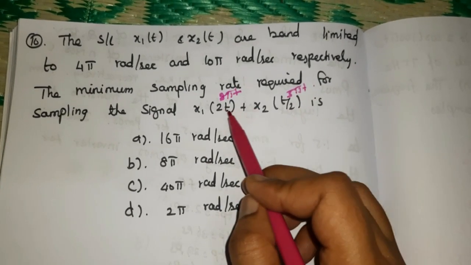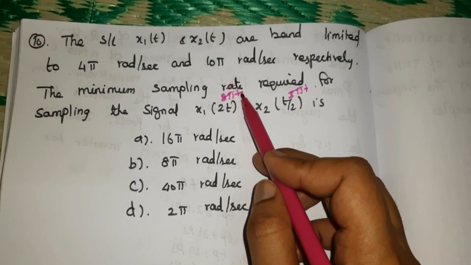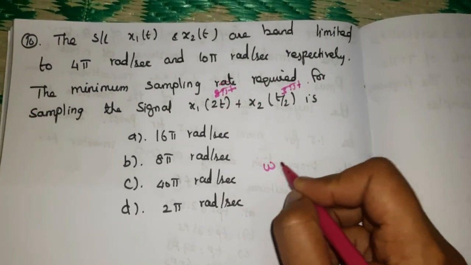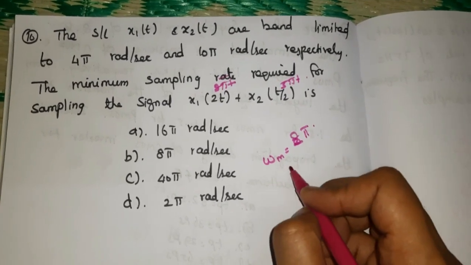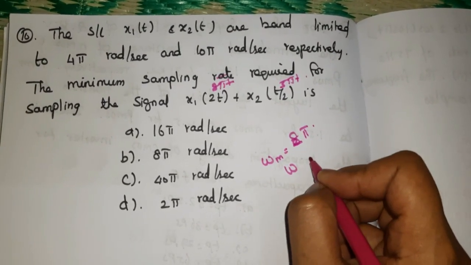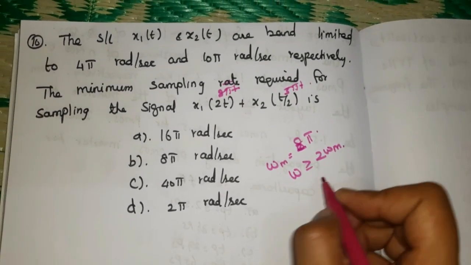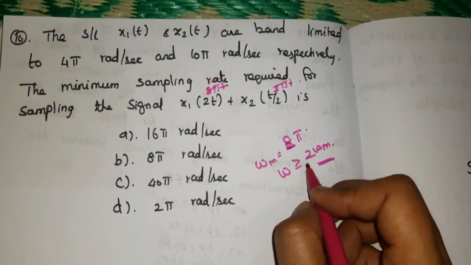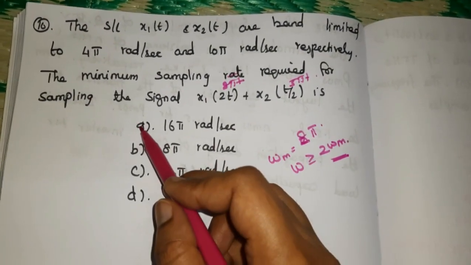For adding two signals, we have to pick the maximum frequency. So Wm is equal to 8 pi. Then W is greater than or equal to 2 Wm, this is the condition. So 2 into 8 pi is 16 pi radian per second. So the answer is A.